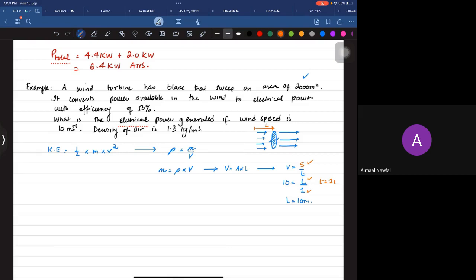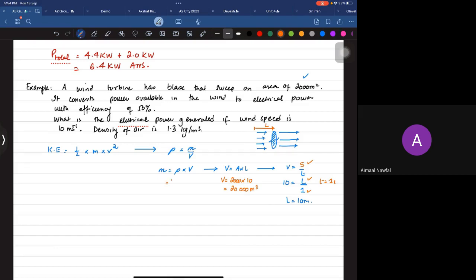Get it? When you have all of this, you're going to go backwards. So now here, 2000 is the area, length is 10, so it will be 20,000 meter cube of air passing in 1 second. Get it? Then backwards again.